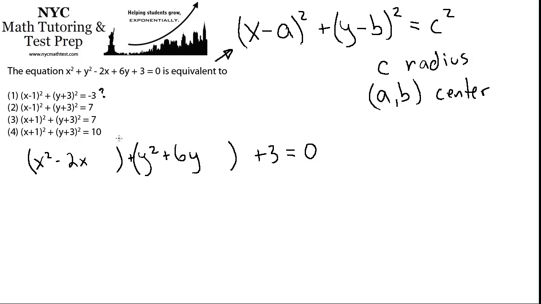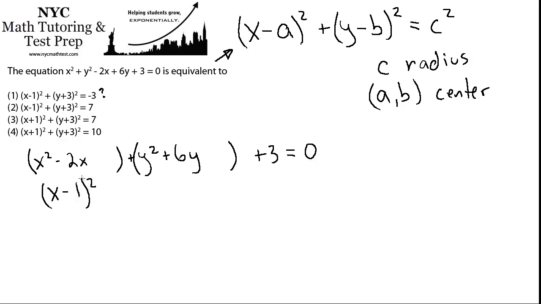And I think you'll see what I mean when I fill these in. So what binomial multiplied by itself would, if you didn't have to worry at all about what that third term was going to be, what binomial would have a middle term of minus 2x? What if you were to have (x minus 1) squared? Wouldn't that work? Then you would have x squared minus 2x.